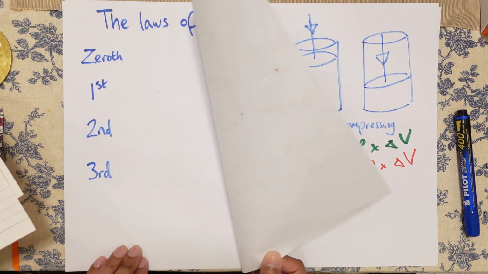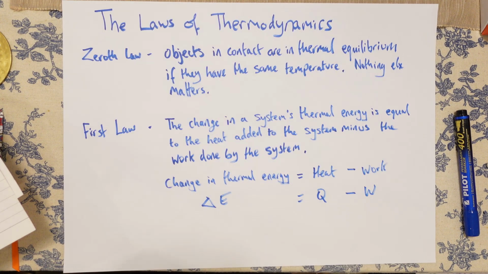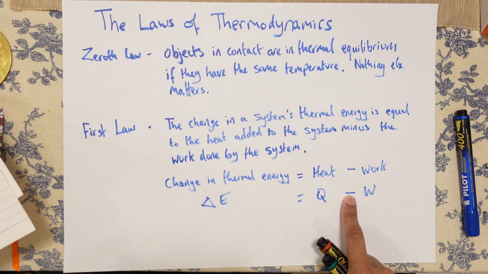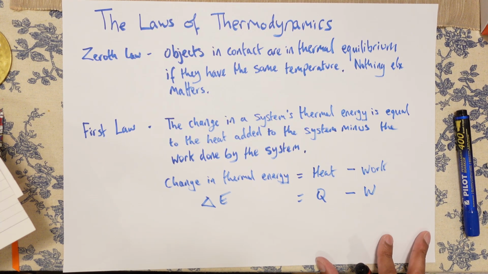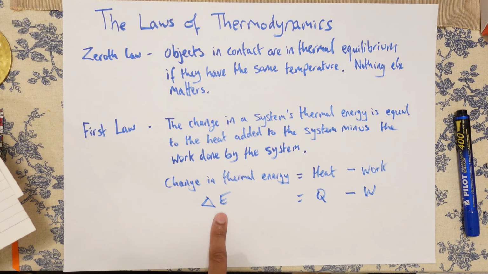So going back to the laws of thermodynamics, the first law is Q minus W. Again, I've seen some people put plus here, and it all comes down to your perspective of whether the work is done by the system or on the system. But we're looking at by the system here. So the change in thermal energy is the heat minus the work.